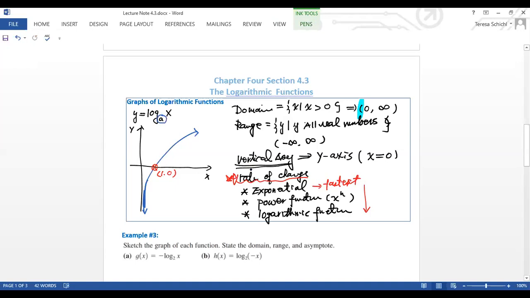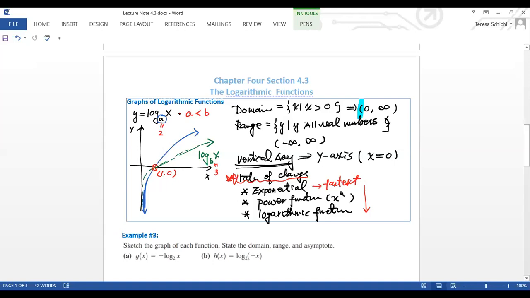If I have a base b, a log function log base b of x, it goes slower than the a one. Here it is just the opposite of the exponential, so a has to be less than b. So if this is log base 2, then this is log base 3. Log base 3 is going to go a little slower than log base 2.